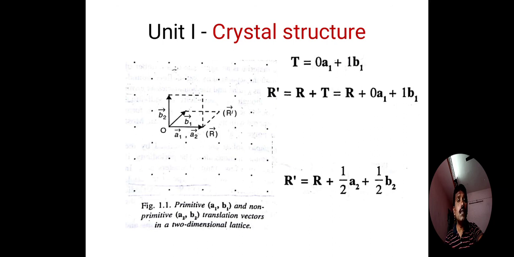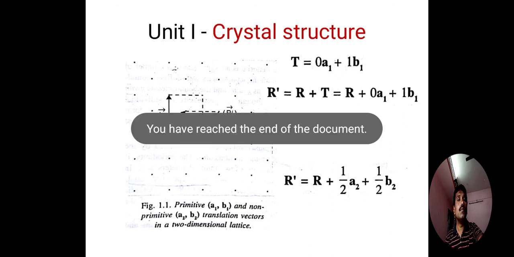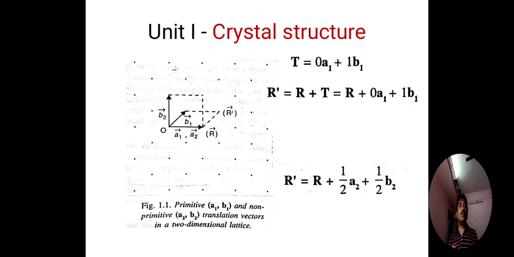So translation vectors containing integral values are called primitive translation vectors, and whenever they contain non-integral values, they are called non-primitive translation vectors. These are the two parts, primitive and non-primitive cases.